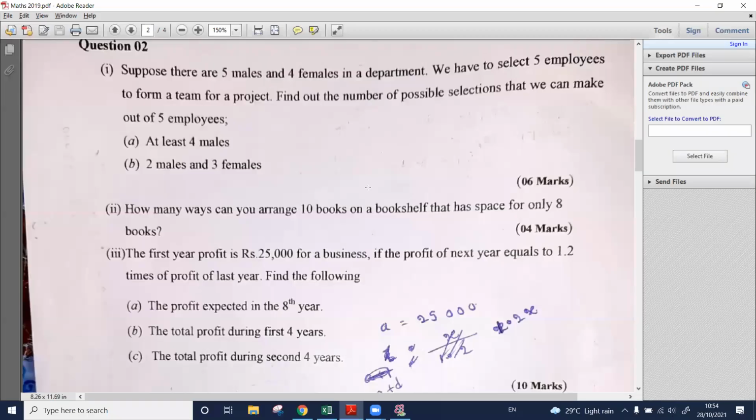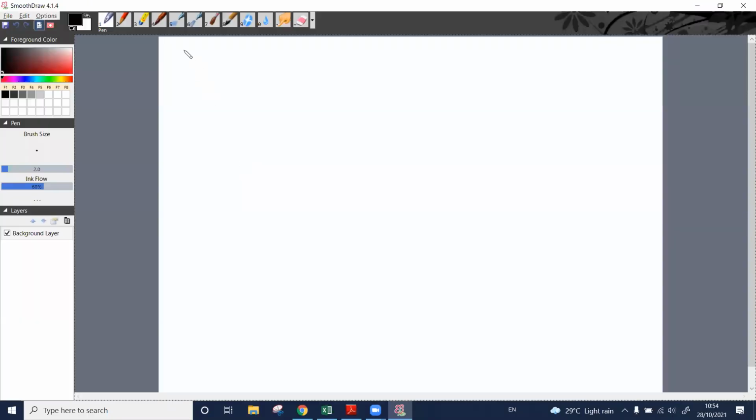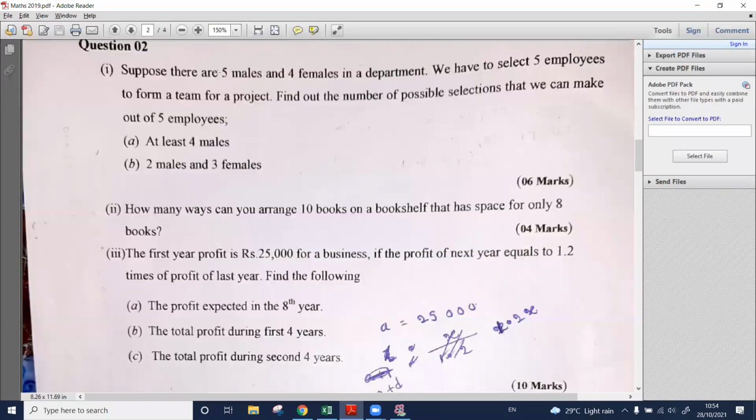Question number 2. Part 1 is from permutations and combinations. Suppose there are 5 males and 4 females in a department. We have to select 5 employees to form a team for a project.